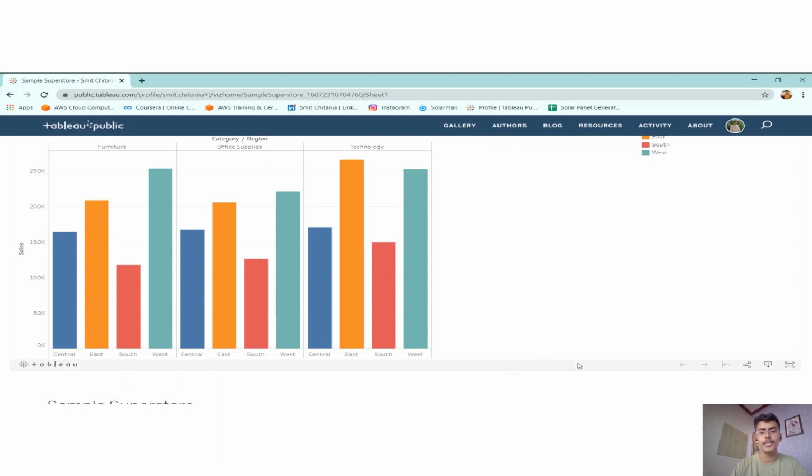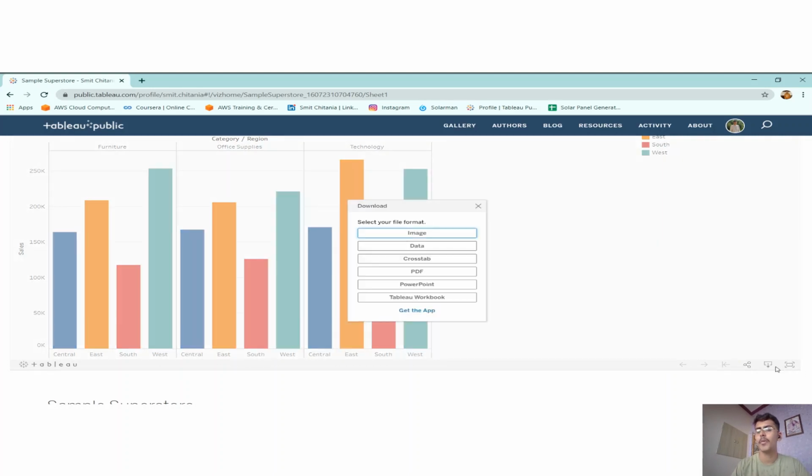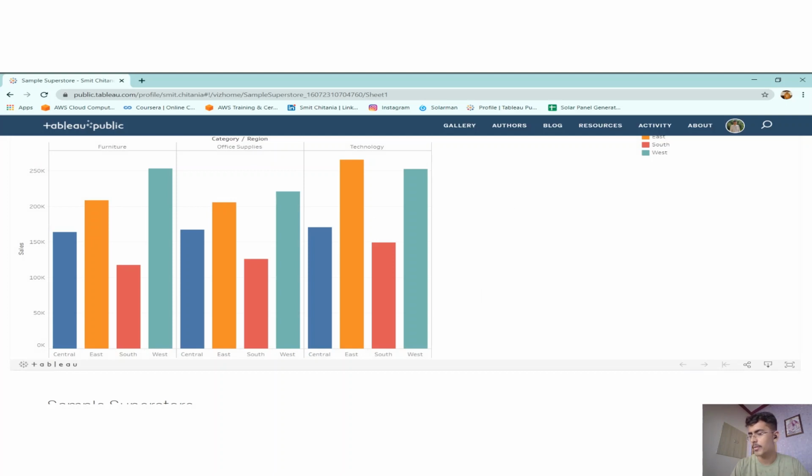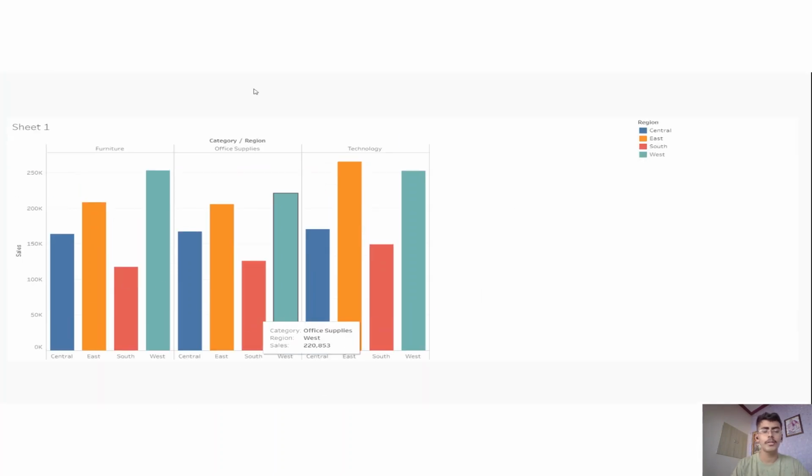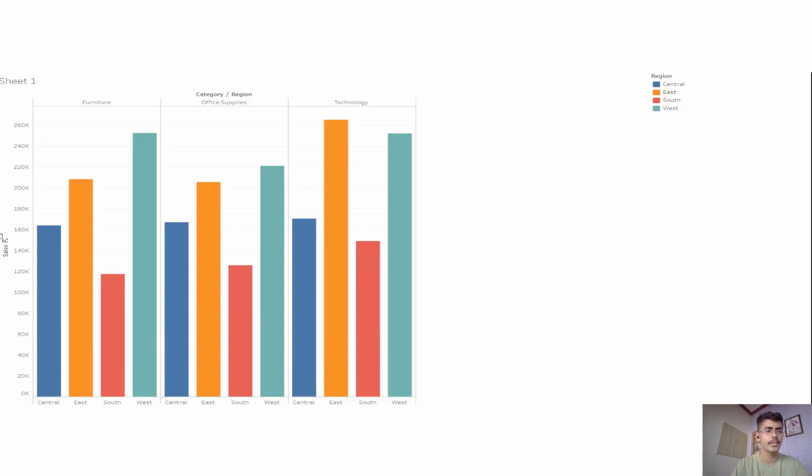My first sheet is a small brief of what the entire data visualization is. From this I've selected the top categories, that is, sales categories of what product is sold, and which region: central, east, south and west.